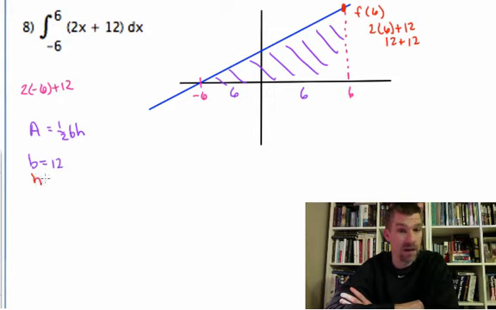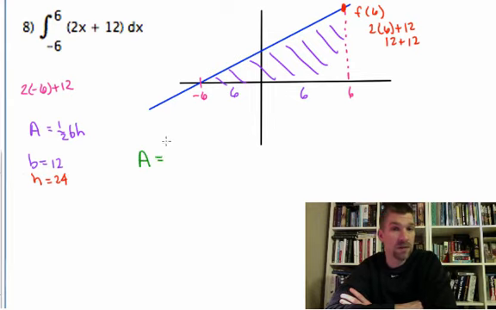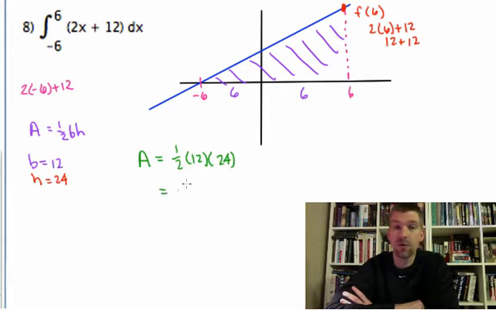I am now ready to find the area under this particular curve. It's just going to be 1/2 times 12 times 24. You're going to punch this into your calculator, or hopefully you can do it without a calculator. But you're going to end up with 144 as the total area under this particular curve.